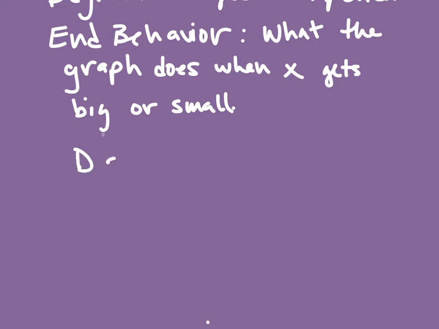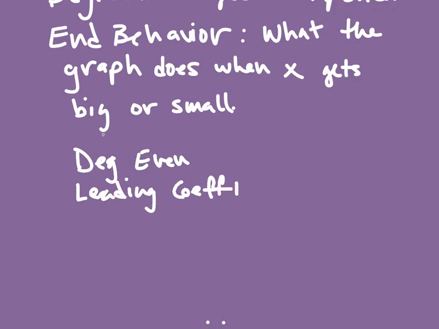You get a scenario where your degree is even and your leading coefficient is positive. I like to think of the function y equals x squared, where my largest exponent is even and my number in front of my leading variable is positive. If that's the case, your end behavior is going to go up to the right and up to the left.